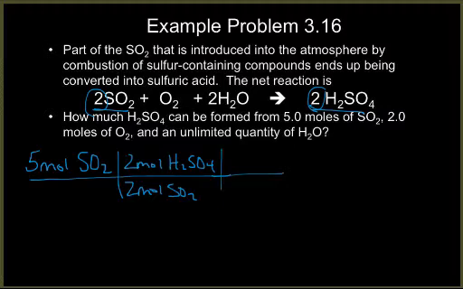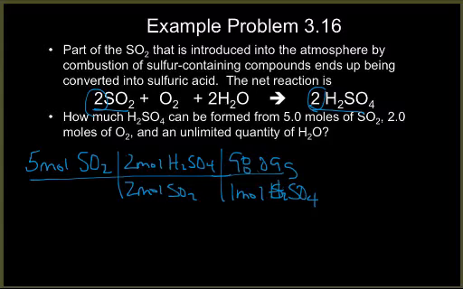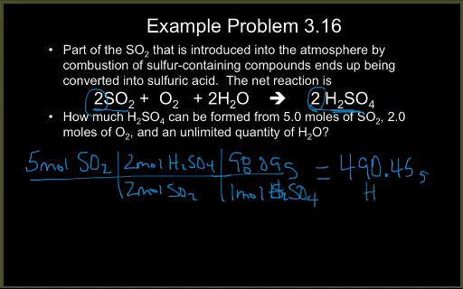Now I can go to grams using my molar mass. 1 mole of H2SO4 is 98.09 grams of H2SO4, which is just the molar mass from the periodic table. When I do that calculation, if I started with the 5 moles of SO2, I could make 490.45 grams of H2SO4.